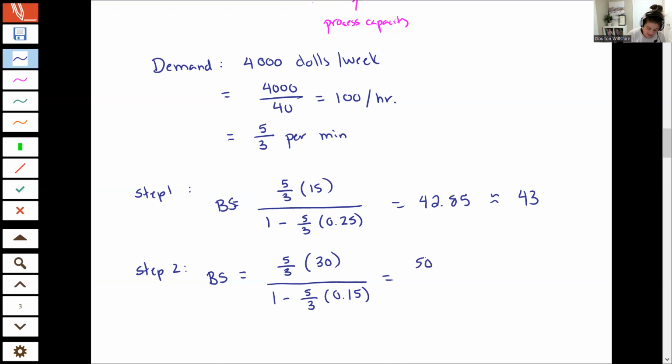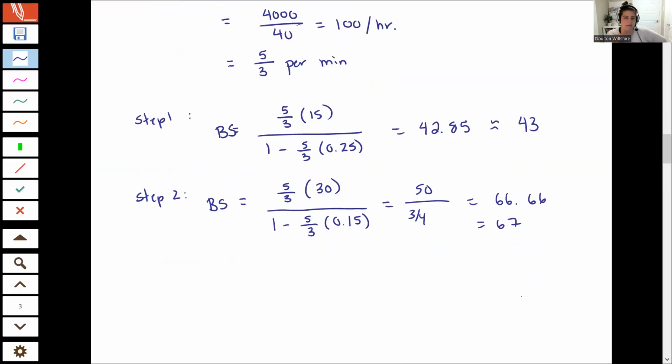What do we have? We have 50 on the top. I really can't put things into my calculator. Welcome to fun. Okay, and then here we get 66.66, so 67.